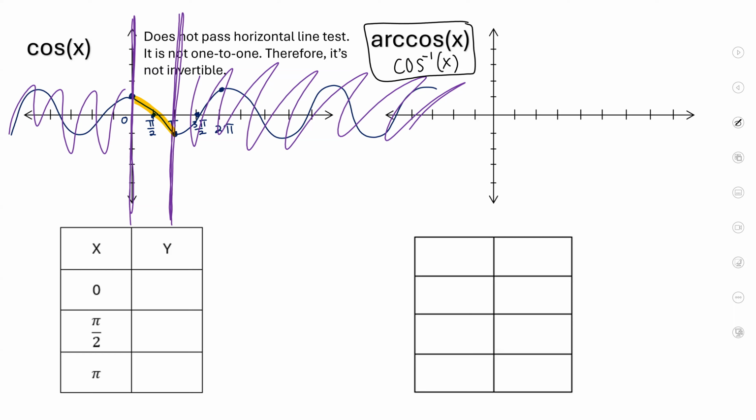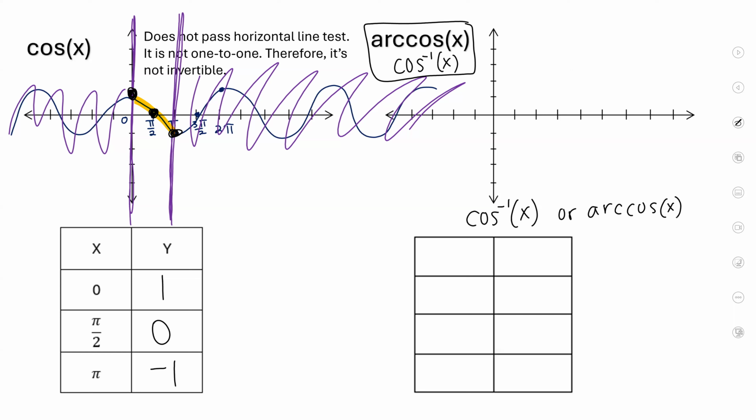Okay, so let's make a table for cosine. Cosine at 0 is 1. Cosine at pi over 2 is 0. And cosine at pi is -1. So if I want to find the inverse of cosine, this is also called arc cosine of x.